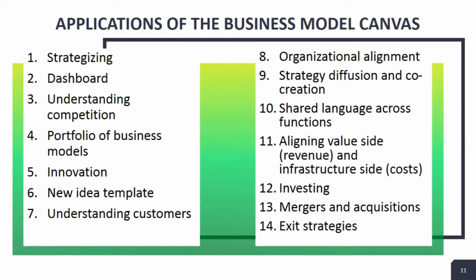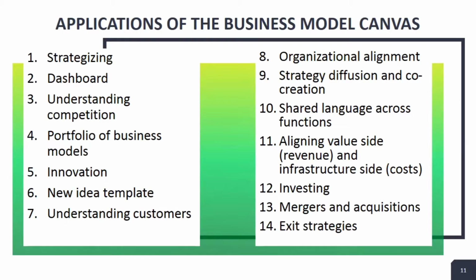Portfolio of business models. A particularly interesting area for application of the BMC is the idea of developing a portfolio of business models, ranging from improving existing business models all the way to inventing new business models.